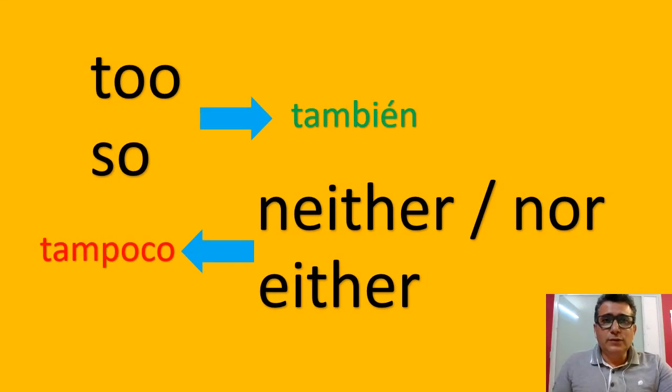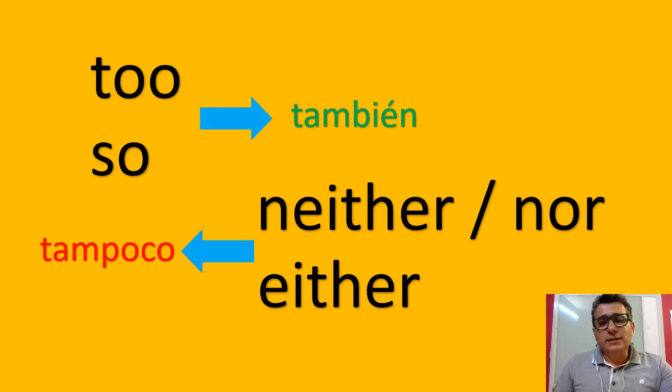For that, we are going to use 4 or 5 expressions that I know that you are familiarized with. The first two are too and so. We use them to agree in a positive manner, and in Spanish, those expressions mean también. We also have neither, nor, and either.